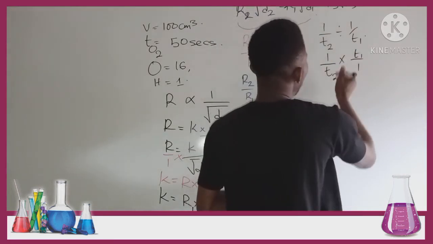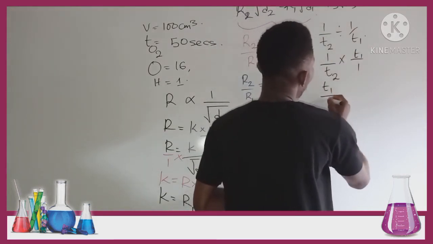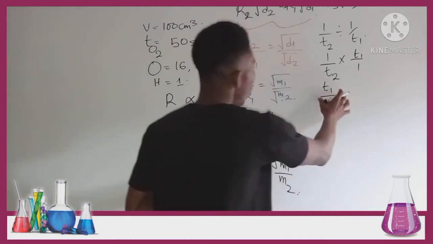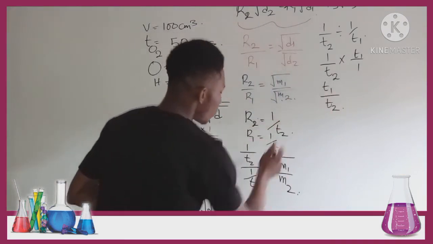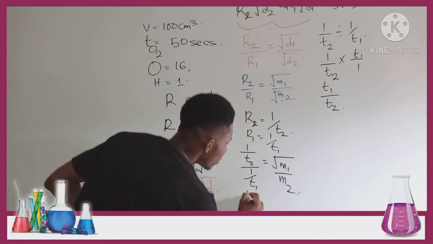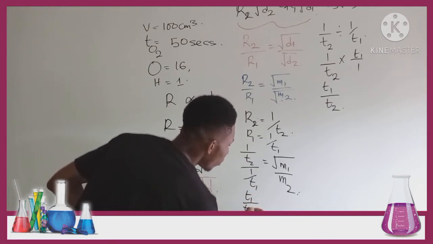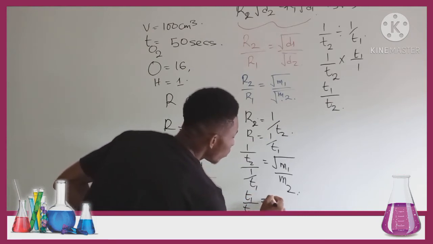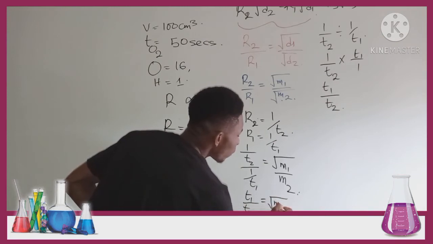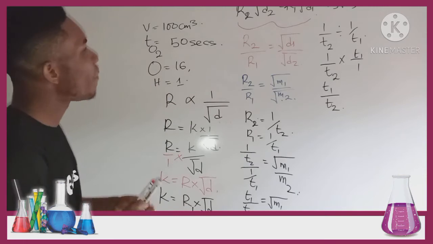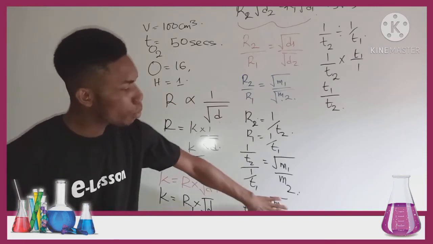So this multiplied by this gives t1 over t2. So we have t1 over t2 is equal to root of m1 over m2.